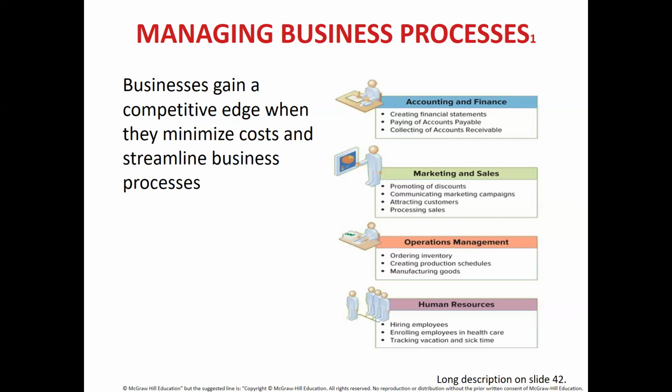You'll get frustrated and angry that the process is not properly stipulated, not properly made. That is the main importance of business processes. Now in terms of actual organizations, when your business processes are doing well, generally you tend to minimize costs and streamline business processes.